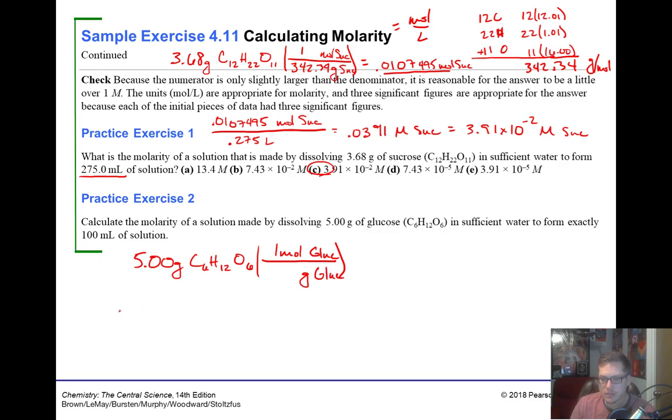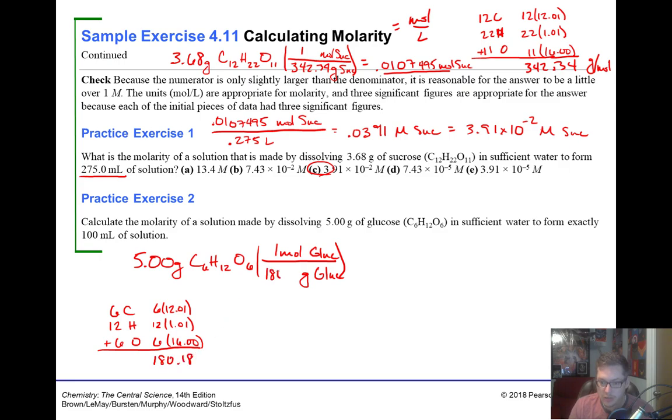So the molar mass: we have 6 carbons, 12 hydrogens, and 6 oxygens. So 6 times 12.01 plus 12 times 1.01 plus 6 times 16, that's 180.18.